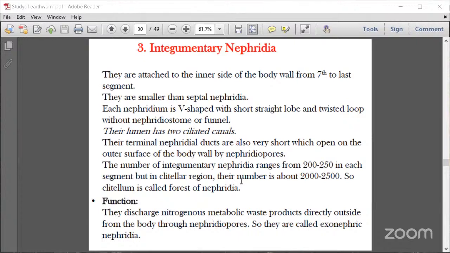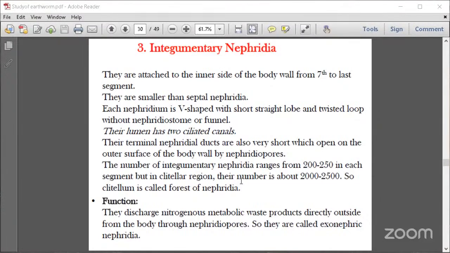Their lumen has two ciliated canals. Their terminal nephridial ducts are also very short, and open on the outer surface of the body wall by nephridiopores.